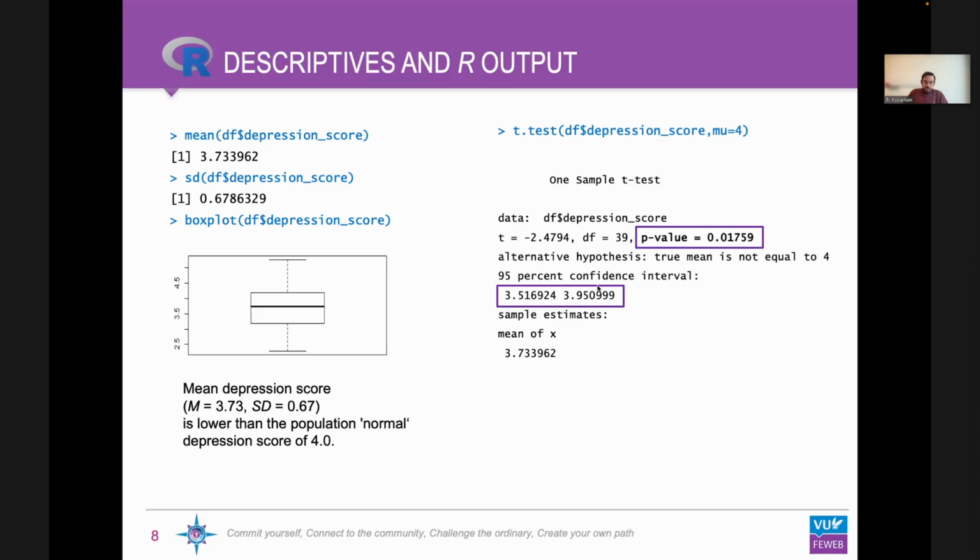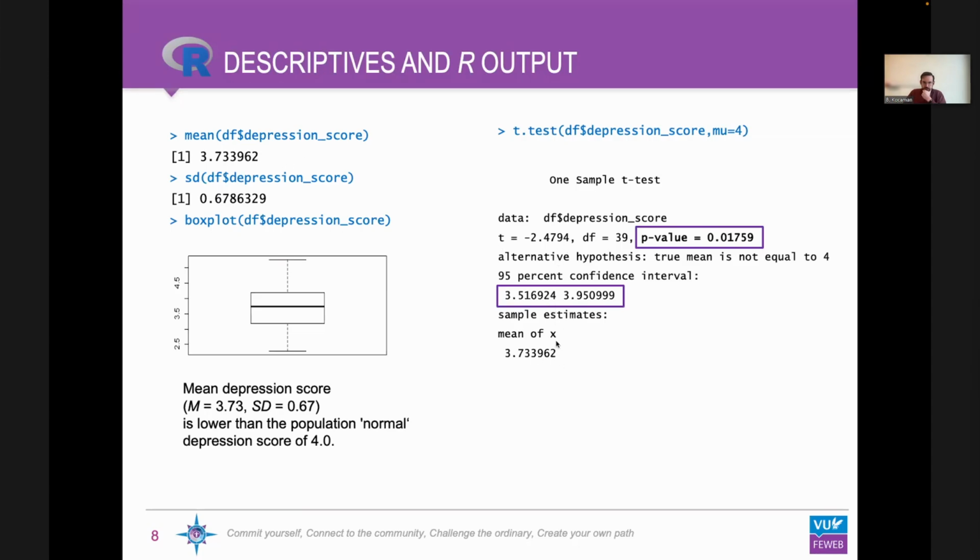In this case, we can also look at the 95% confidence interval. This is exactly one-to-one with the 0.05 significance level, if you remember. So this confidence interval does not include 4. And the mean of x is 3.73, as we also measured here.